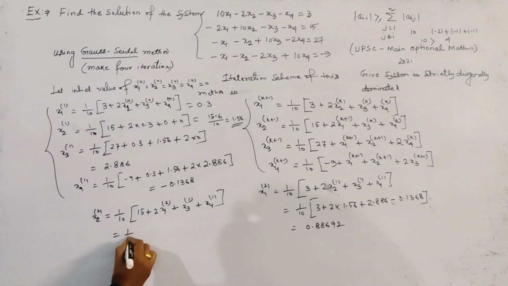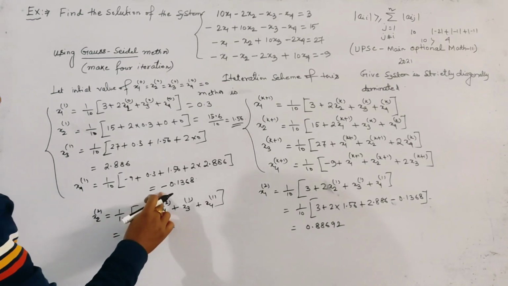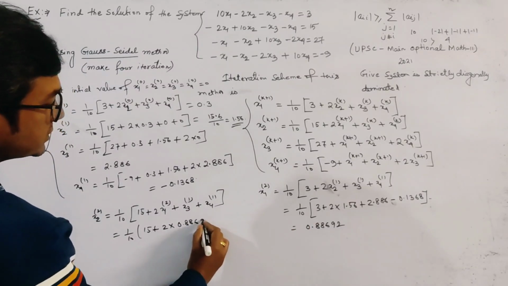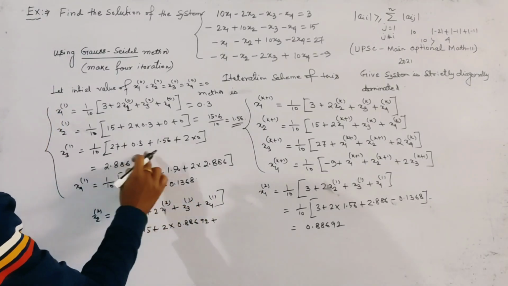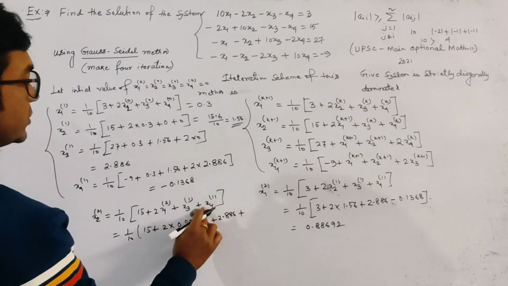Okay, now put 1 by 10 into 15 plus 2 into 0.88692 plus x3 1. x3 1 means this 2.886 plus x4 1.